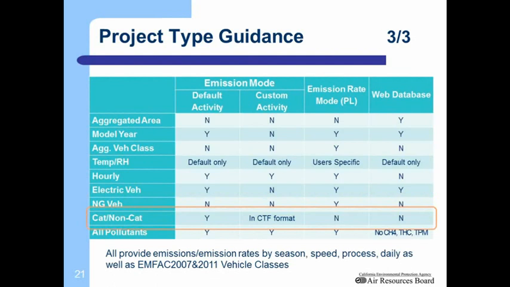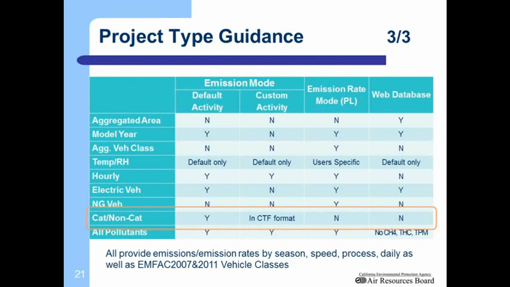Some users might be interested in catalyst versus non-catalyst vehicles. We do not offer that option for emission rates or in the web database tool. It is available through the default activity and the custom activity in the CTF format.